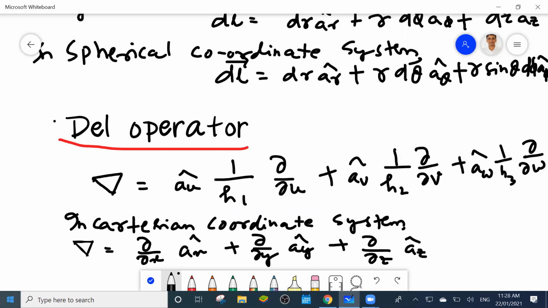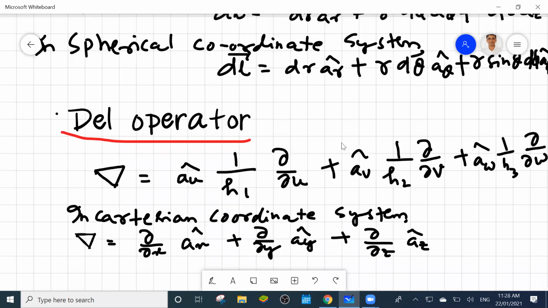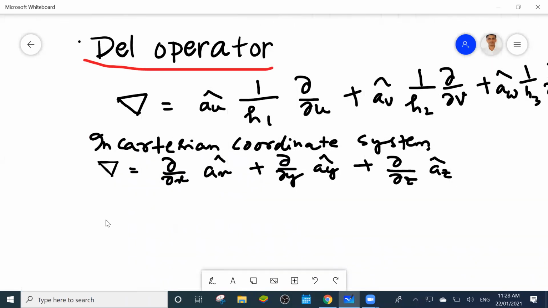Everyone clear in Cartesian coordinate system? Yes or no? Is it clear or not? Yes, sir.